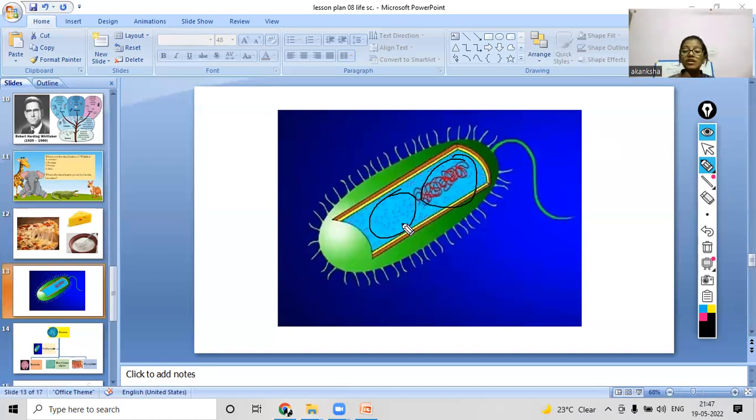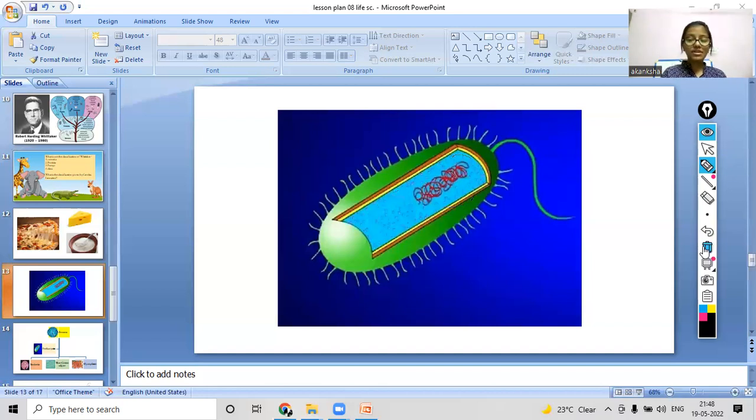So these are unicellular organisms. Their mode of nutrition: they either synthesize their own food, like they are autotrophic, just like plants, or they get it from the environment, like they are heterotrophic. So these were some general features of the kingdom Monera.